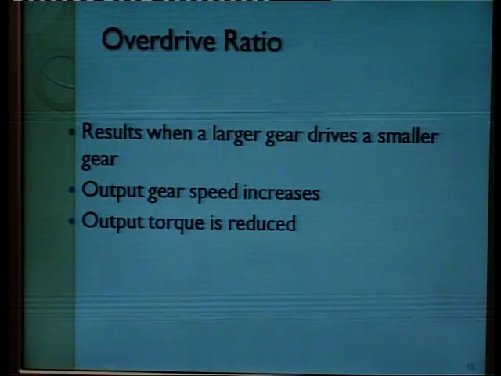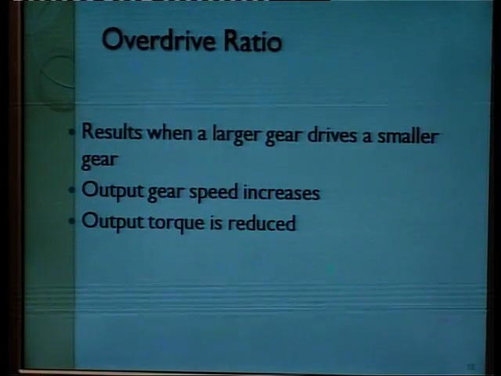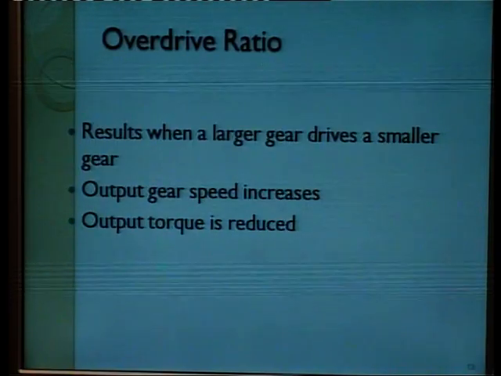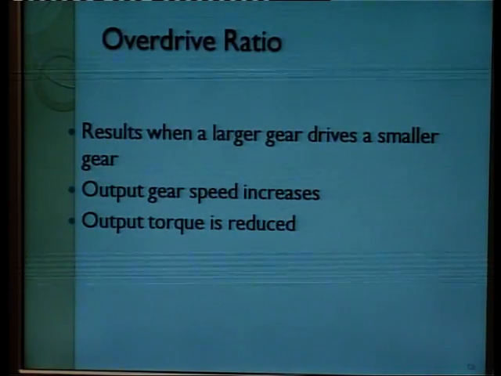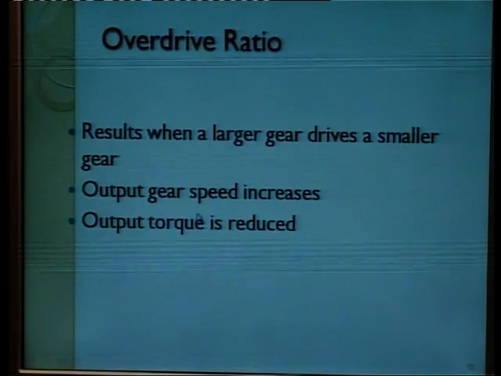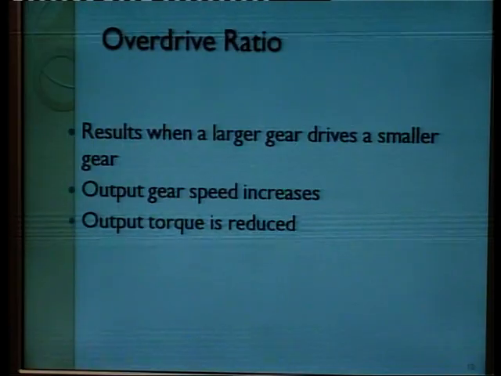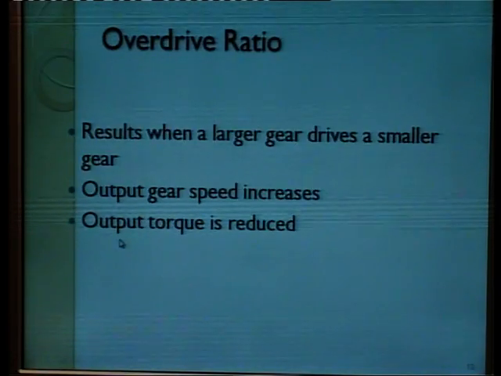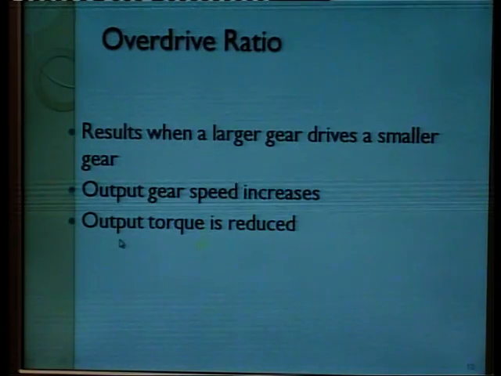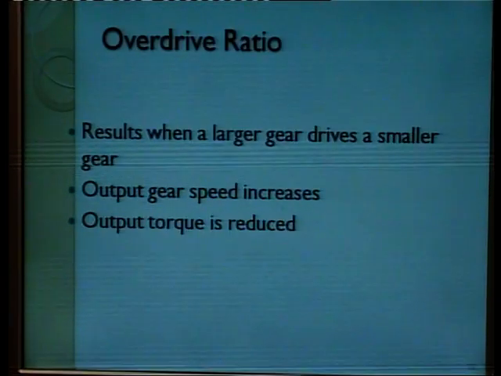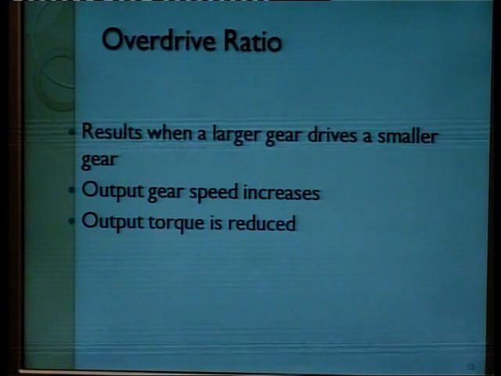It is not provided in all vehicles, it is in high speed cars and some other vehicles. When we have an overdrive ratio, the output gear increases the speed of the vehicle beyond the engine speed, and because power is a combination of torque and speed, the torque will be reduced.